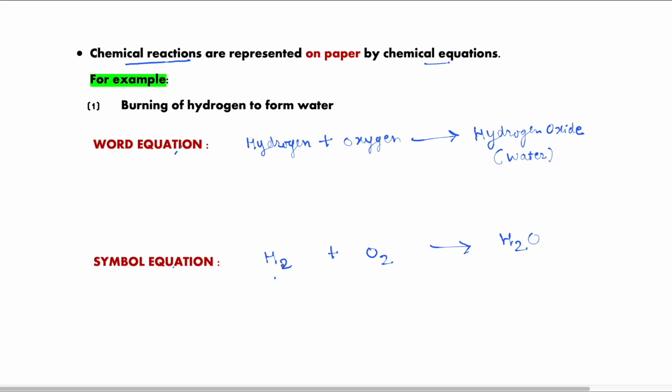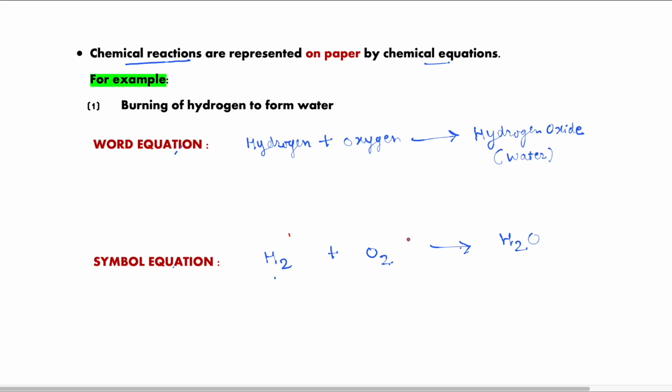It's because hydrogen and oxygen are diatomic. So we can say that two atoms of hydrogen, when combined with two atoms of oxygen, give one molecule of water. Thus, we see that the symbol equations show the formulas for the substances that take part in the reaction.